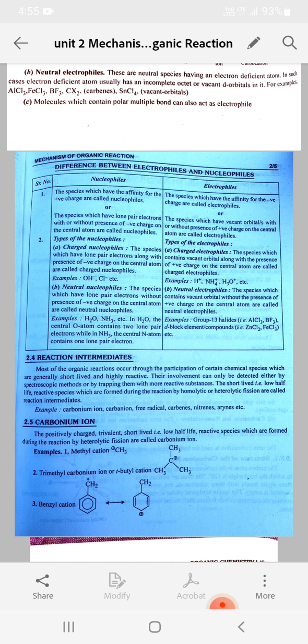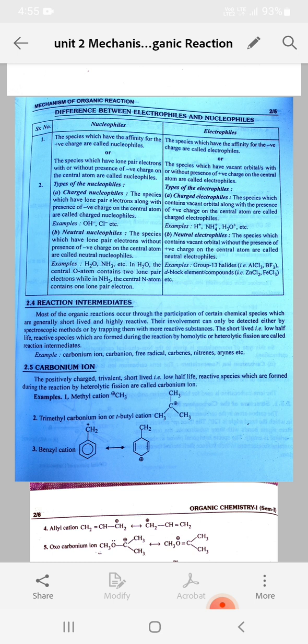The short-lived, low half-life reactive species which are formed during the reaction by homolytic or heterolytic fission are called reaction intermediates. Examples: carbocation, carbanion, free radicals, carbenes, nitrenes, arynes are examples of reaction intermediates.